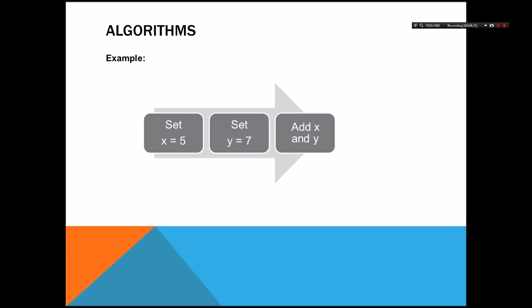Say we want to find the sum of x and y. Well, we have to set x equal to 5. And we have to set y equal to 7, so that we have two variables. And then our final step would be to add x and y, and since we know their values, that would be 12.